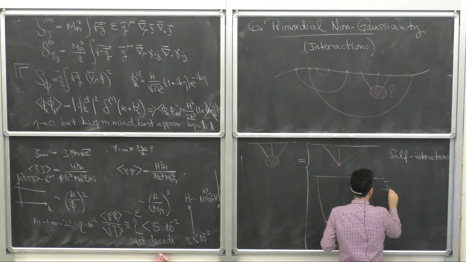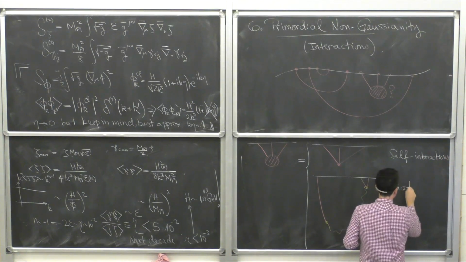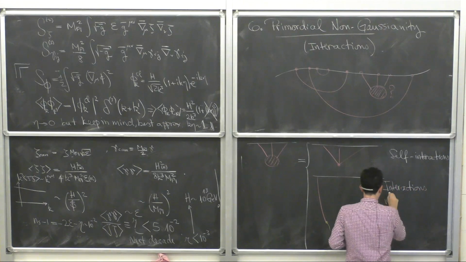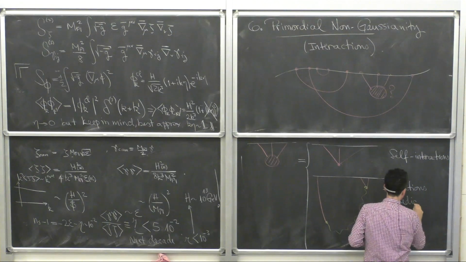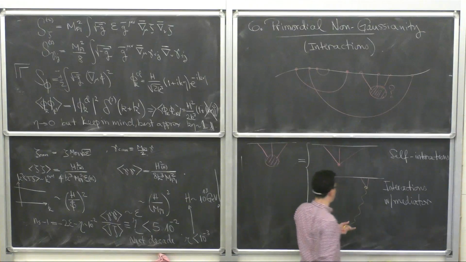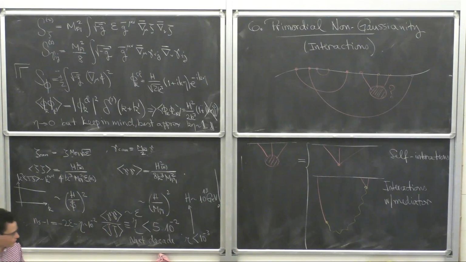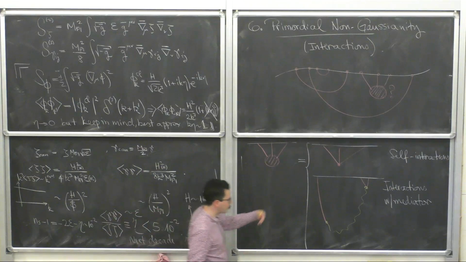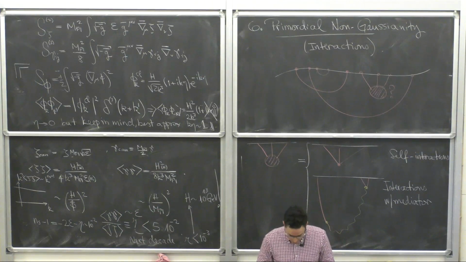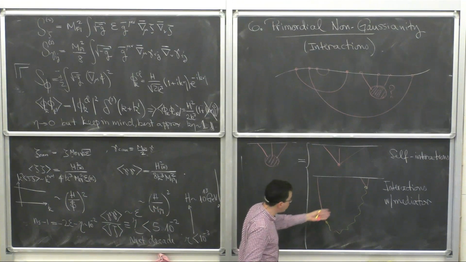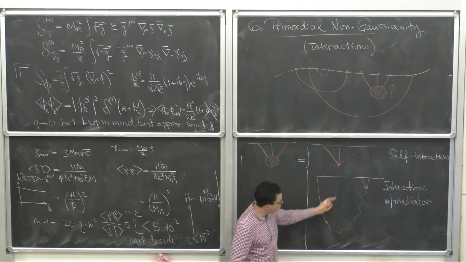These are interactions with a mediator. So now you can ask questions about the spectroscopy of the mediator. How does it depend on the mass of the mediator, the spin of the mediator, and so on. It can be a tree-level diagram. It can be a loop.